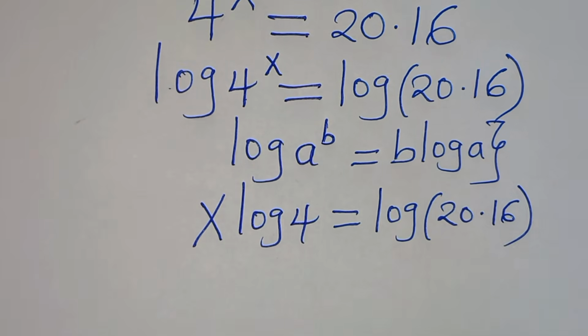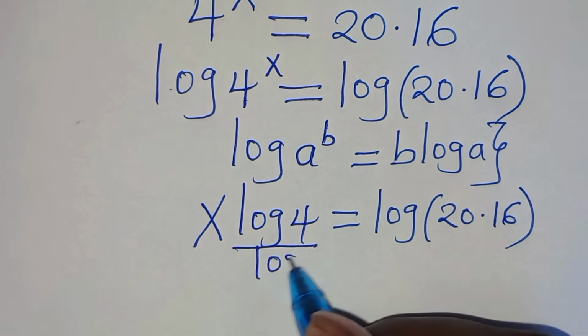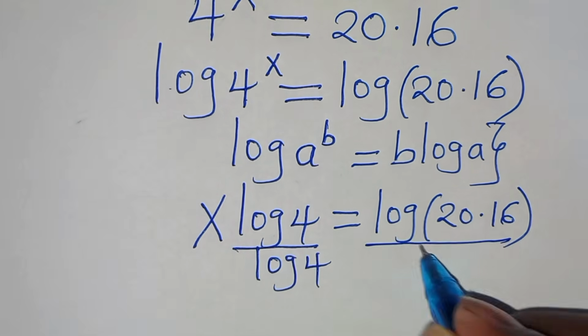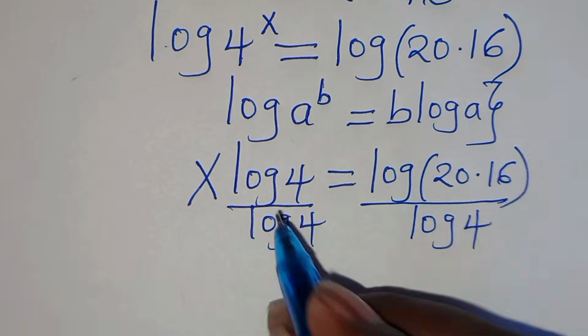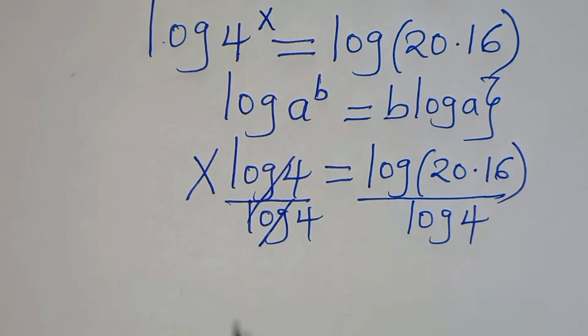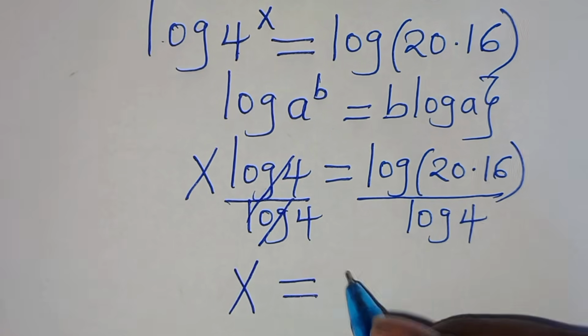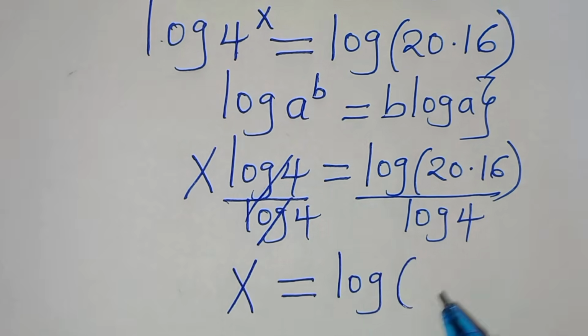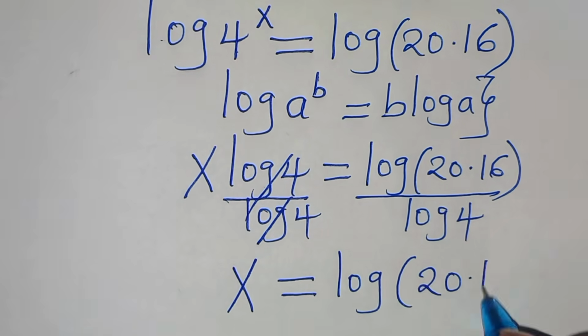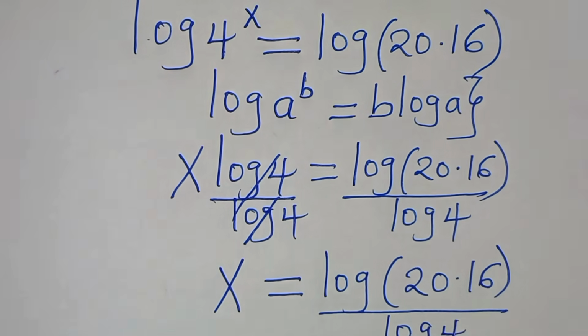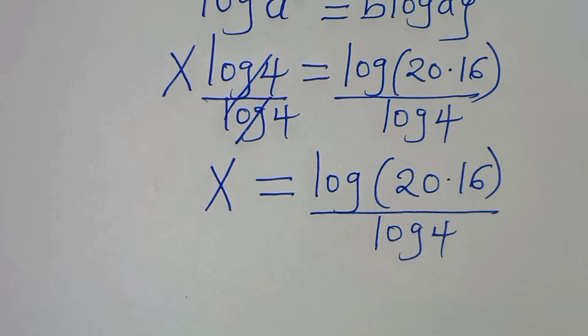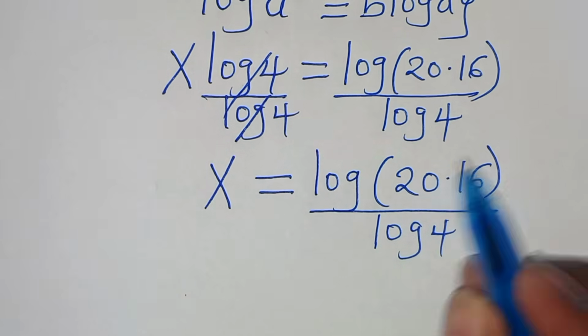Now the next step is to divide on both sides by log 4. Here we have log 4. Now let's simplify log 4 and log 4 here, so that we have x equal to log 20 multiplied by 16 divided by log 4. The next step is that we have log 20 times 16.